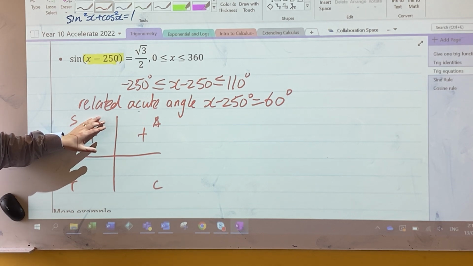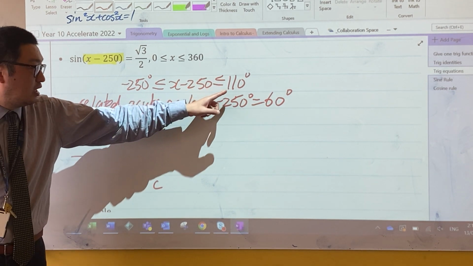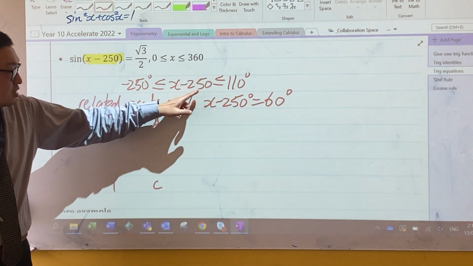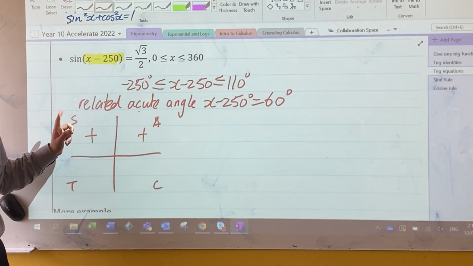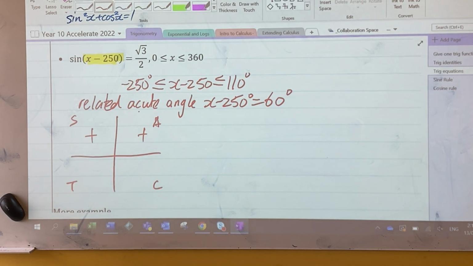So this one is 60 degrees, right? So what we're going to do is we say x minus 250 is 60. Just go back. Okay, so this one is x equals 310.